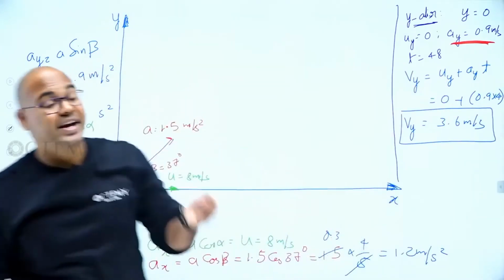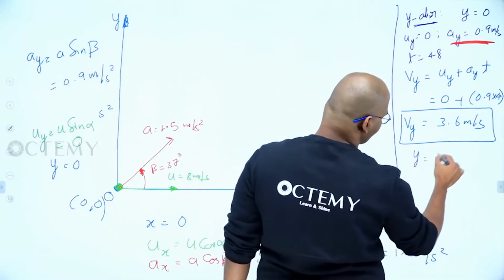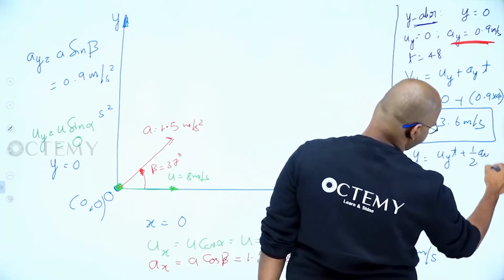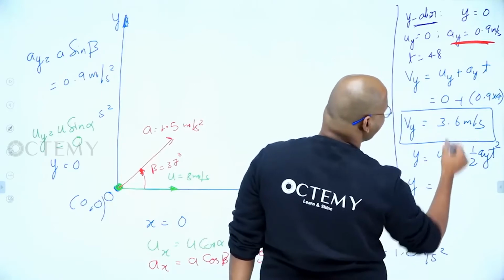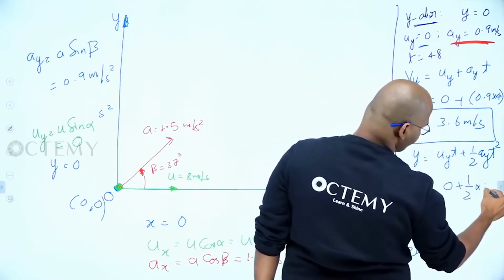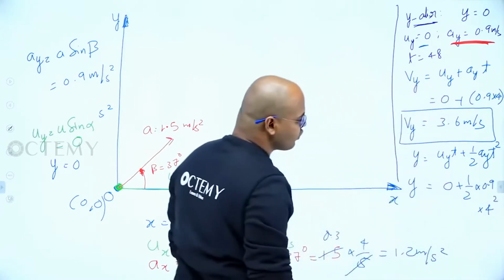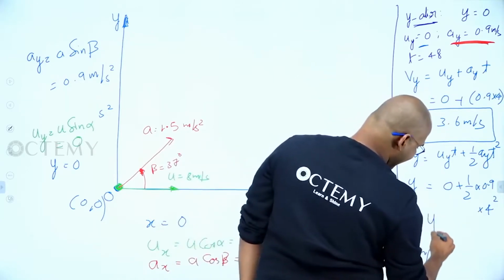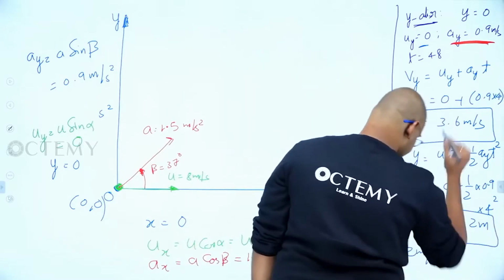Next, what I want? Final position in y direction. So what's the formula? y equal to uy into t plus half ay into t square. Initially in y direction it is having 0, plus half, acceleration 0.9 into t square, 4 square. So 4 square is 16, 16 by 2, 8, so 8 9s are 72, so 7.2 meters.